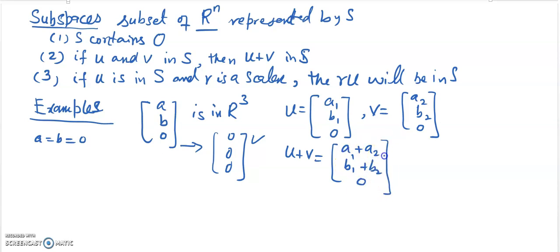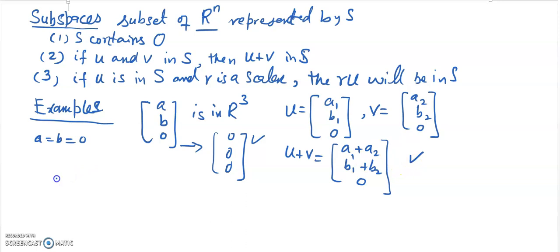Now the components a1 plus a2 and b1 plus b2 are in fact real numbers, since a real number plus a real number is a real number. Then u plus v is of the same form as the original vector, which means u plus v is in S. So the second condition is also satisfied.